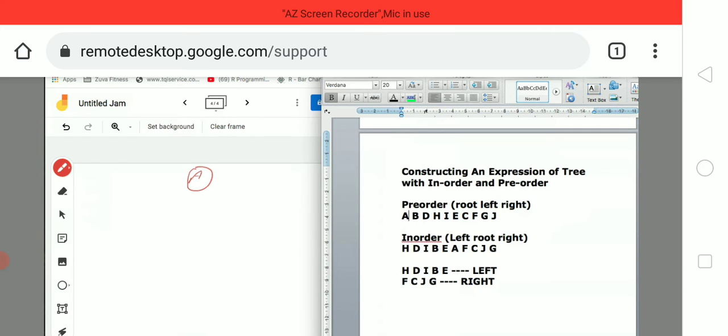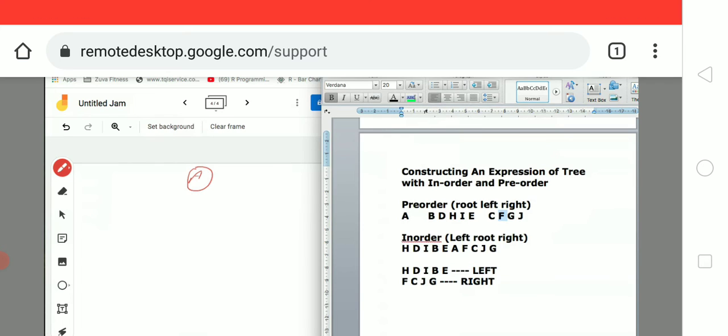So now I would like to split this. Here A is the root node and these elements are left side nodes and these elements are right side nodes. So these 5 elements will come to the left side only and the remaining will come to the right side only.